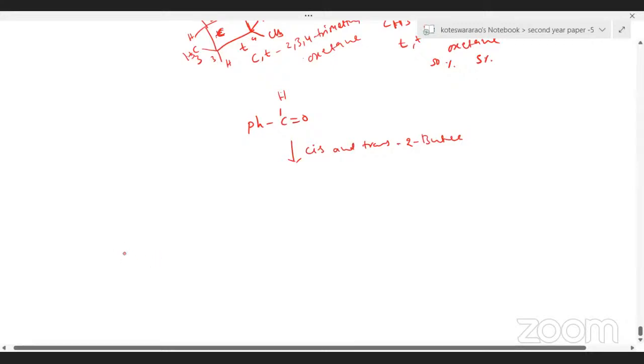The mixture. Four products are generated. The products are: one product, that is the all-cis product, cis isomer.